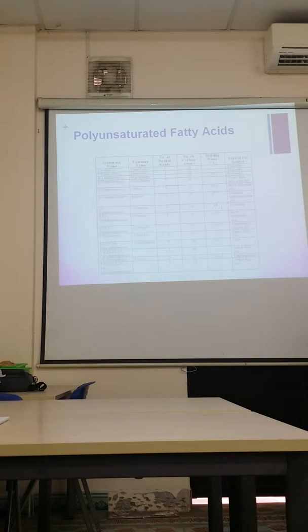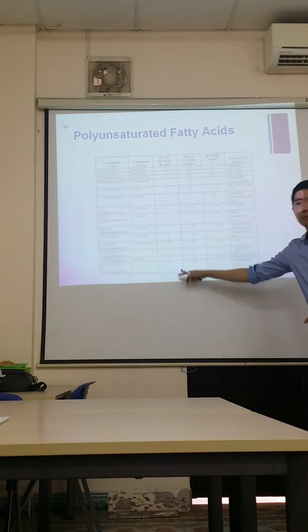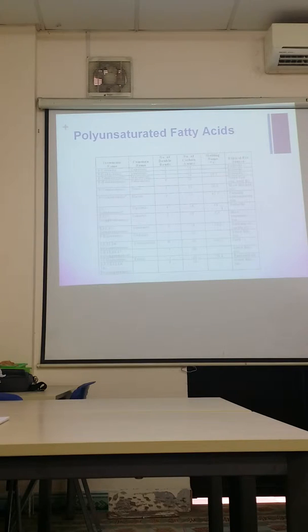My question will be, why do deep sea fish require this type of double bond? In rivers, normal river fish have very little of this. Why do deep sea fish have very high omega 3 type fatty acids? Yes.